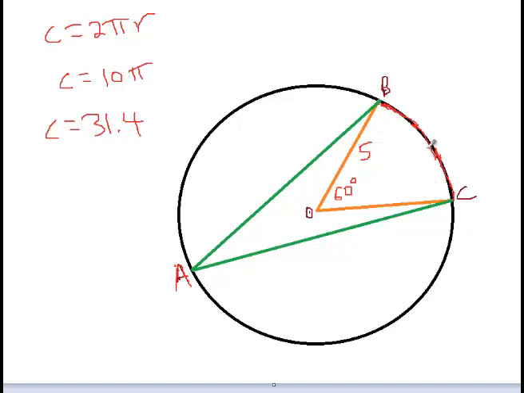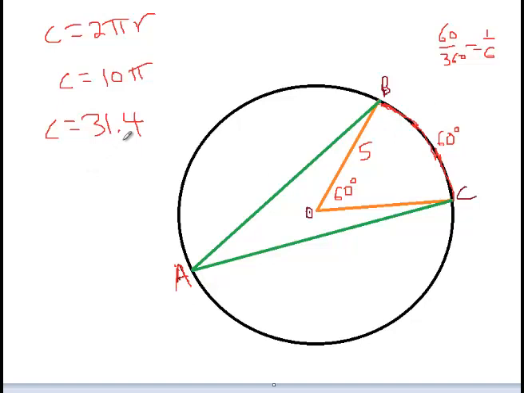Okay, now, arc BC is what percentage of the circle? Let's figure it out. The entire circle is how many degrees? 360. This particular arc is based on a central angle, which means it takes up what percentage of the circle? 60 degrees. Remember, an arc is equal to the central angle, so this arc is 60 degrees. 60 over 360 is 1/6. So to figure out what percentage of the entire circumference it is, simply divide by 6.